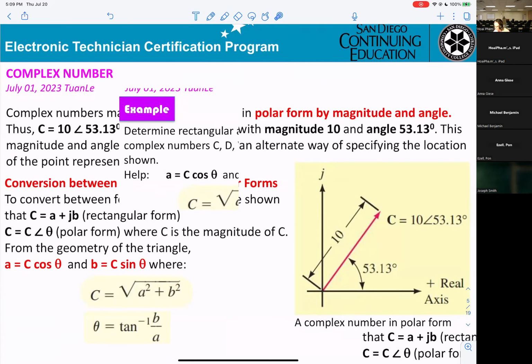To convert between the... Mr. Fan, we can't see your screen. Can you see the screen? No. Now I want to know how come.